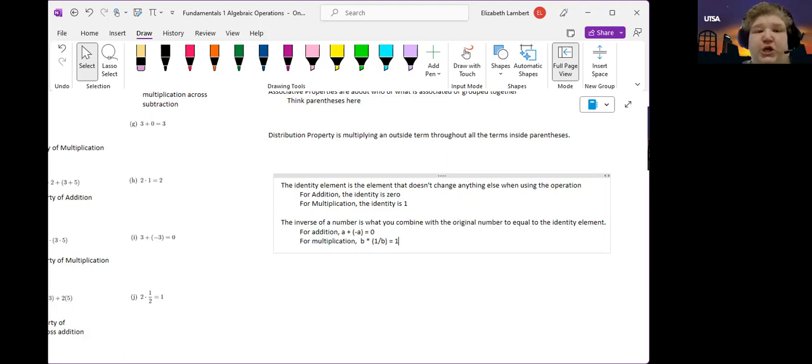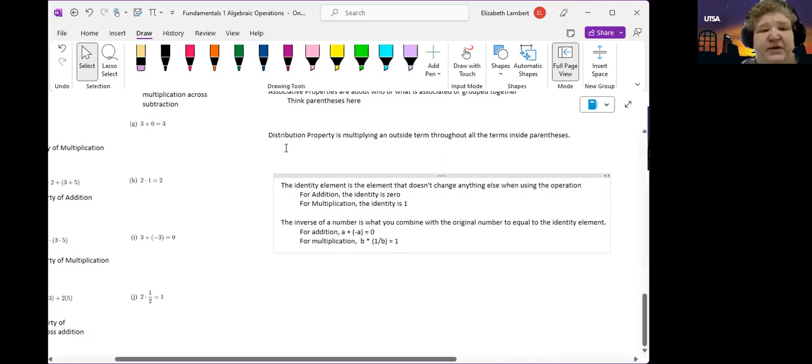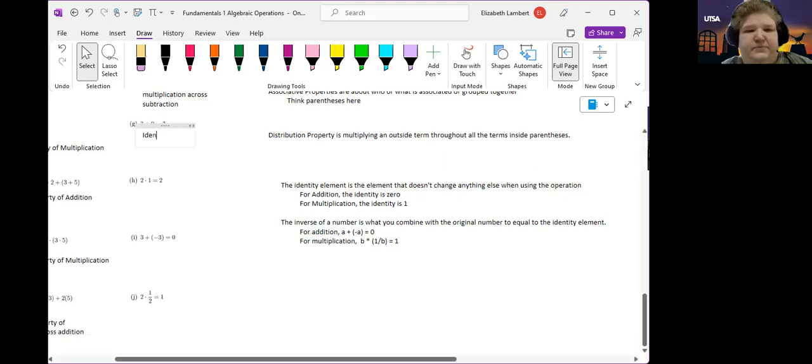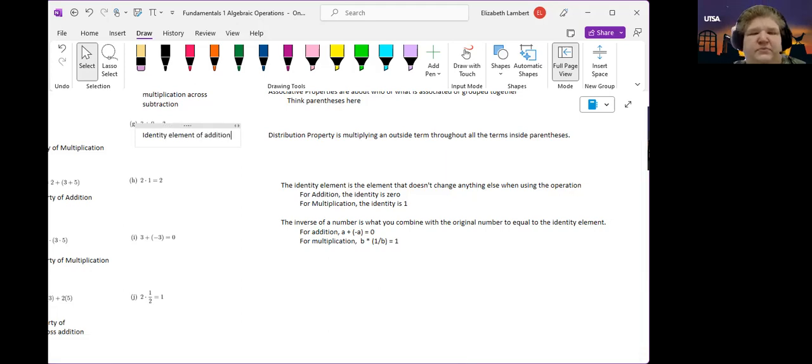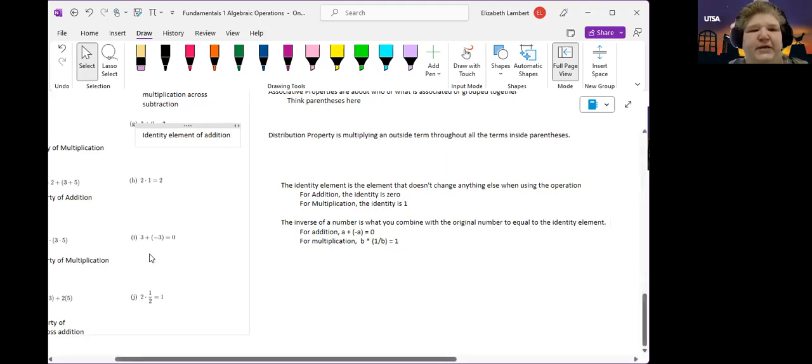Okay, so when we have the identity element interacting with something, that's showcasing what the identity element does. Now, I don't remember if the book calls this the identity property of addition. And then down here, the inverse property of addition, maybe.